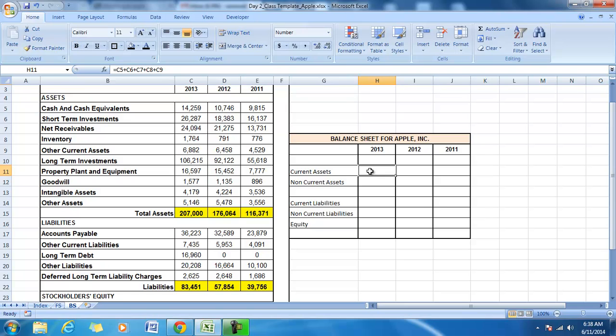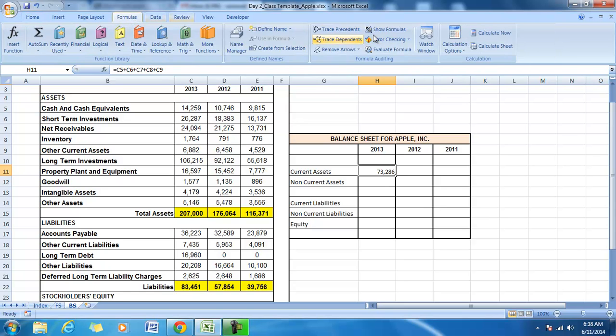So the current assets are, what we have done is combined cash, short-term investment, net receivable, inventories and other current assets together as current assets total.